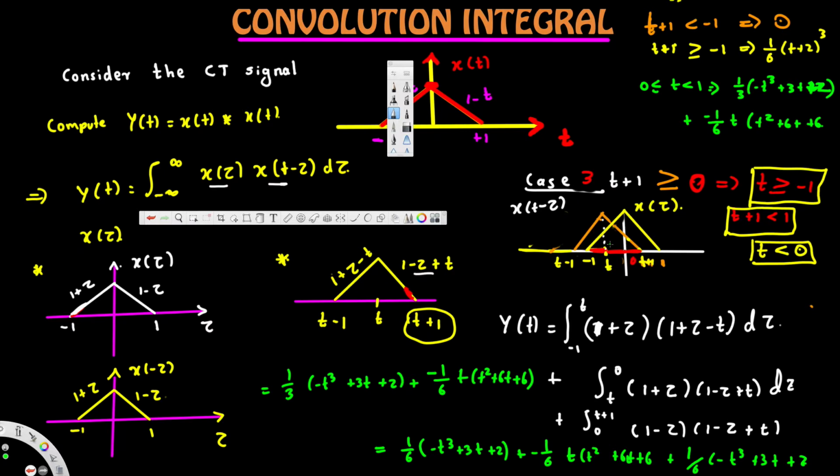Let's move this one inside, or we can just get rid of this one. I'm going to move this. This is going to be our t, this is t minus 1, and this is going to be x of tau right now, and this one is going to be x of t minus tau.